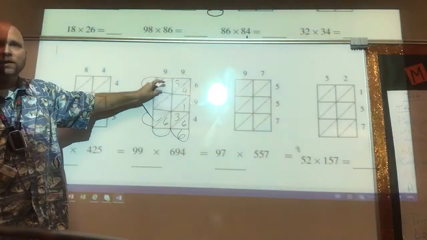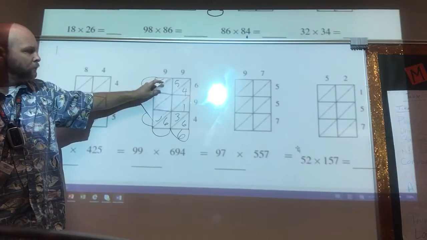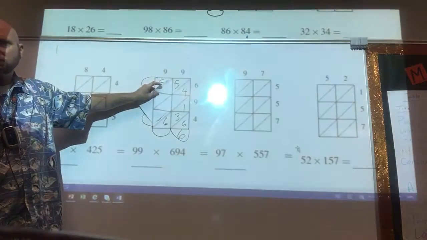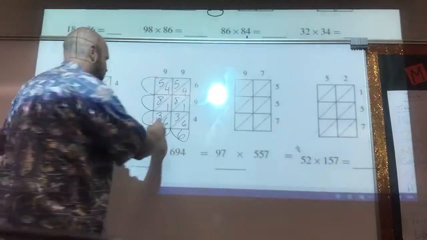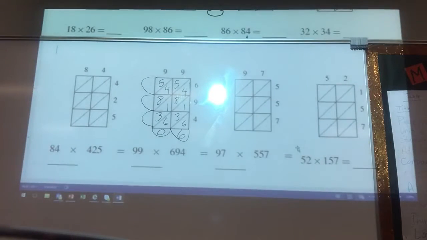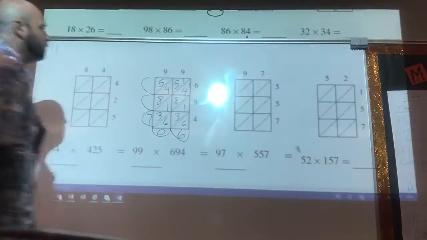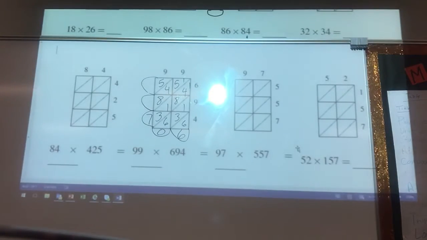This one we have 1 plus 3 is 4. 4 plus 6 is 10. 0, carry my 1. 1 plus 4 is 5. 5 plus 8 is 13. 13 plus 1 is 14. 14 plus 3 is 17. 7, carry my 1. 1 plus 5 is 6.